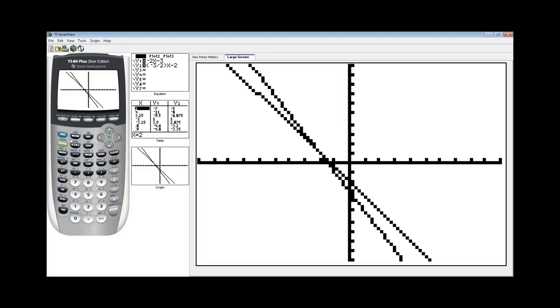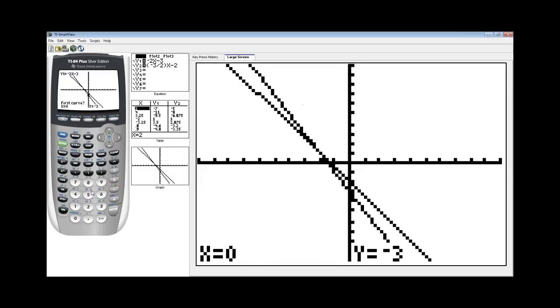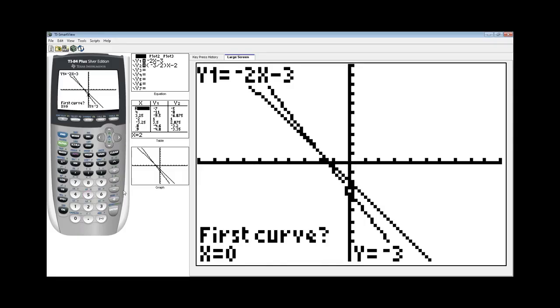So the way to do that, you're going to go to second and then calc. So you're going to press the trace button to get that calc function. And you can calculate a few things. So we want to find the intersection, so we want to choose option 5. Okay, so all this is doing here is trying to define what two curves or lines we want to use to determine the intersection.